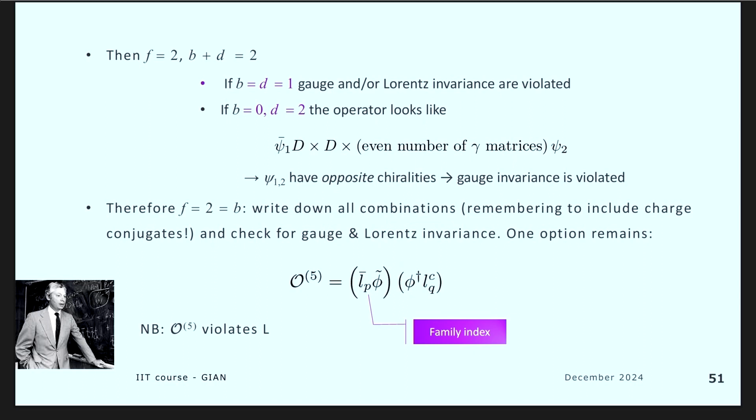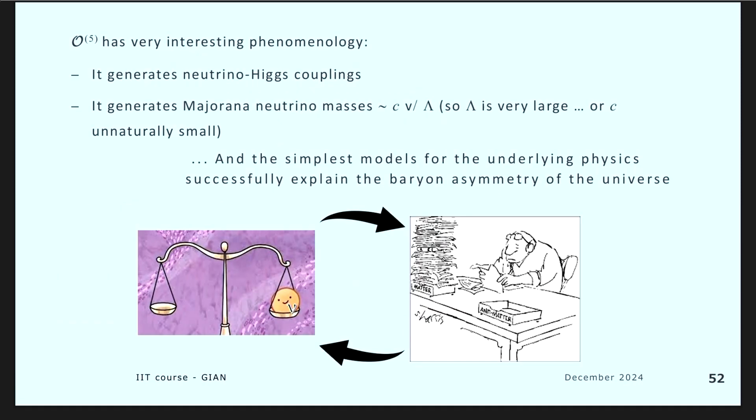This O5, you would think, I mean, this is just one operator, has generated so many papers. You would be astonished by this thing. Thousands of papers have been written basically on the effects of this operator. And that's because of its connection with neutrino phenomenology. It generates neutrino Higgs couplings, but we had such a hard time seeing one Higgs.